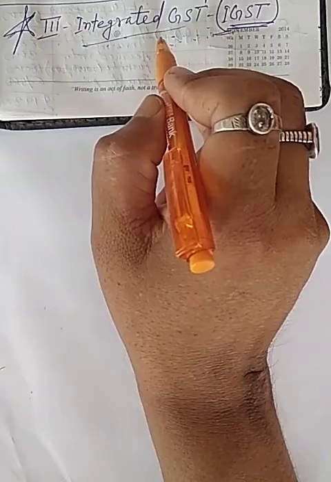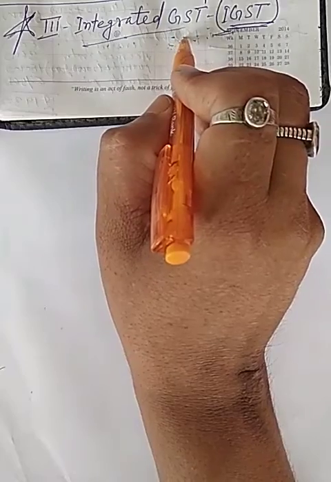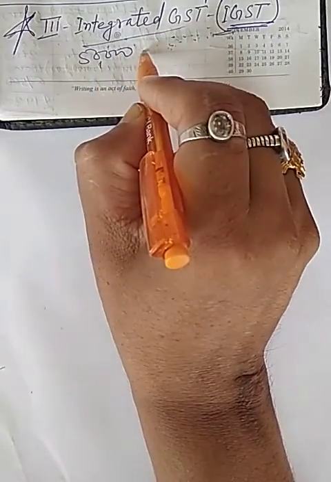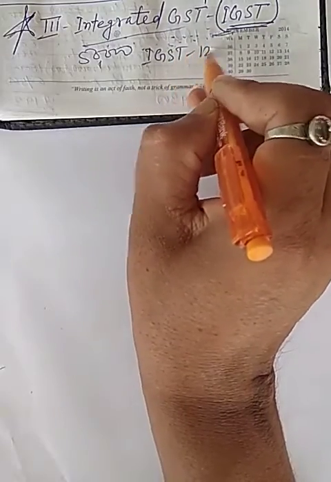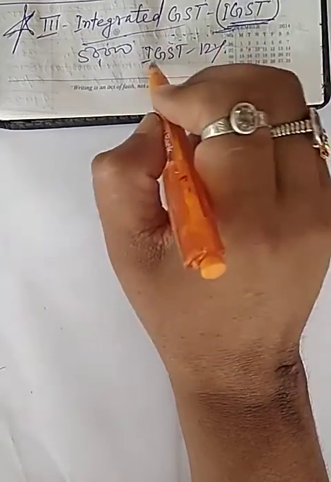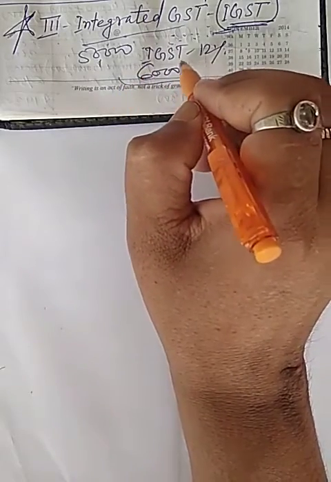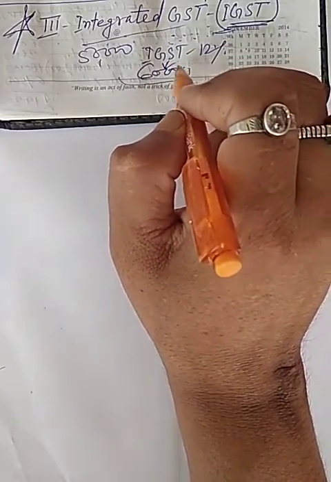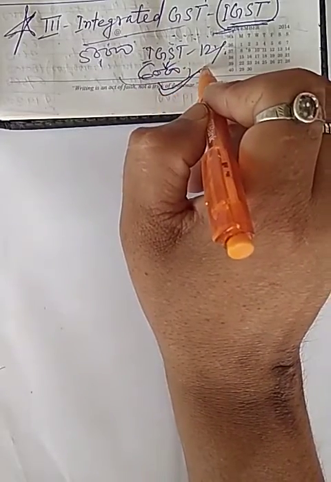For example, a dealer of Rajasthan sells goods to a dealer in Madhya Pradesh worth 50,000. Suppose the IGST rate is 12%. In such a case, the seller will charge 6,000 as IGST, and this entire amount will go to the central government only.